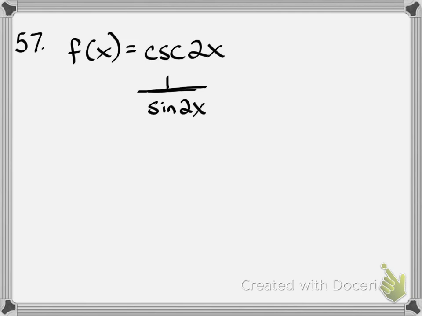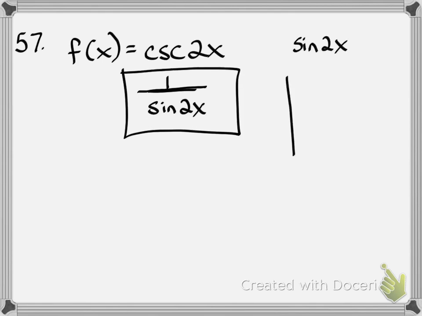So, let me think. Sine, I'm not going to graph this on the calculator. I'm going to try to graph it by hand. Sine of 2x. But that 2 is going to change the period. That's the b.